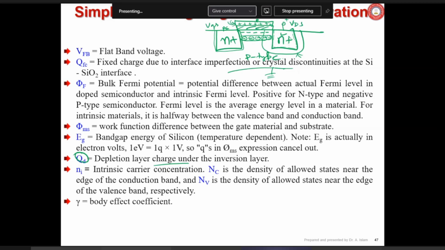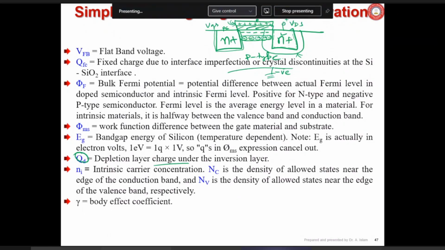Here what is happening? It is reverse biased. This is a different case. So the negative terminal of the battery is trying to attract what? Holes, right? And this side, the positive terminal is trying to attract the electrons from the N plus side.